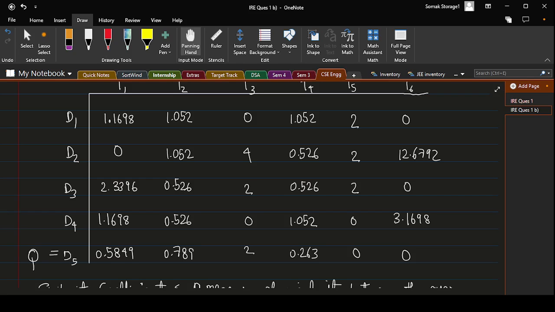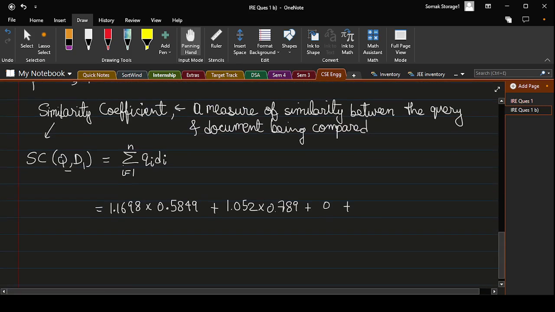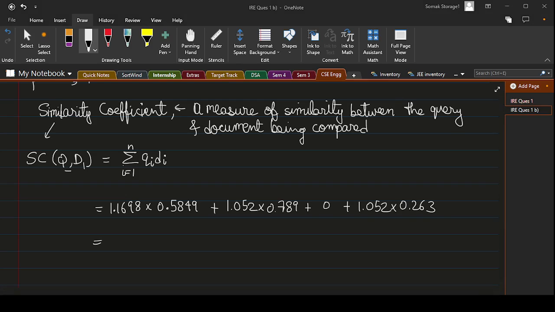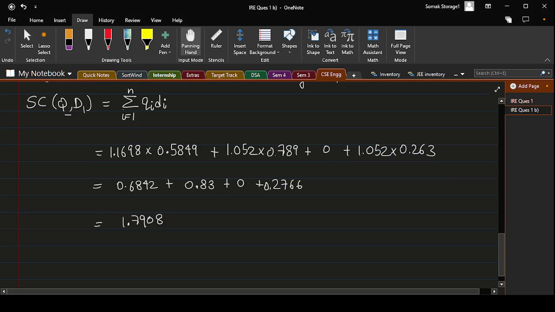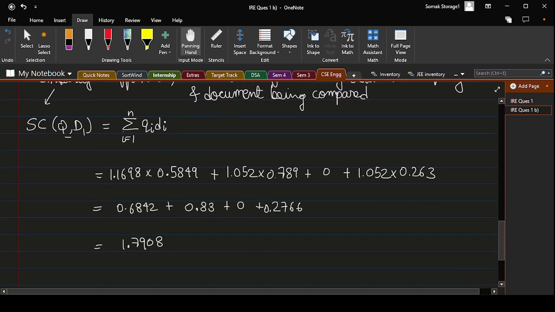So the last one, if we just calculate that, I've calculated that, and here I have done the calculation for Q D1.